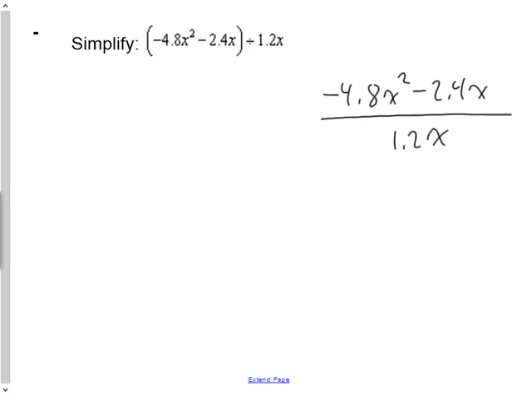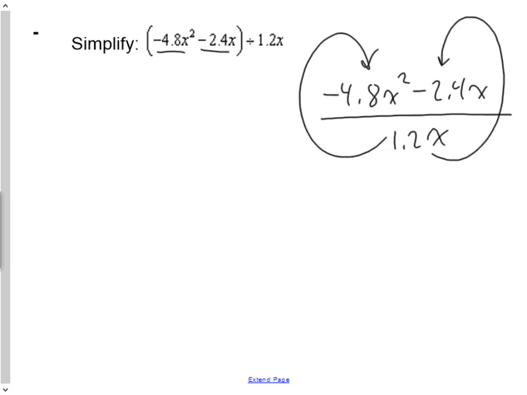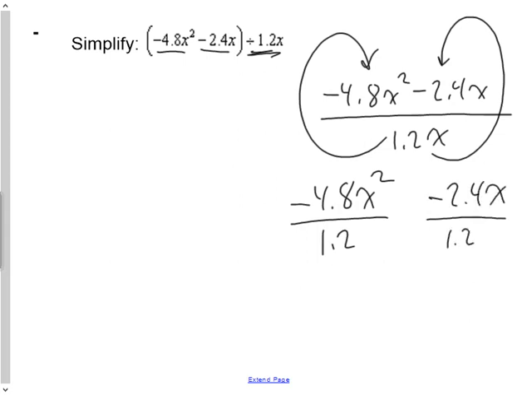So instead of writing it the way I did, I could have written it this way, which still requires both of the terms in the numerator to be divided by 1.2x. So if I rewrite them independently, my first part will be that. My second part will be this, and I just have to do them individually.